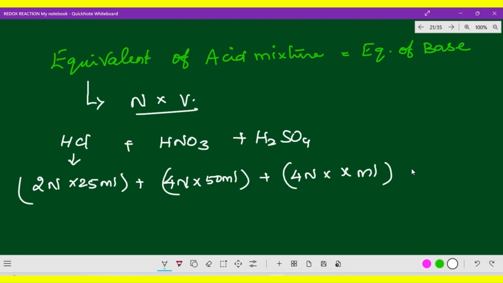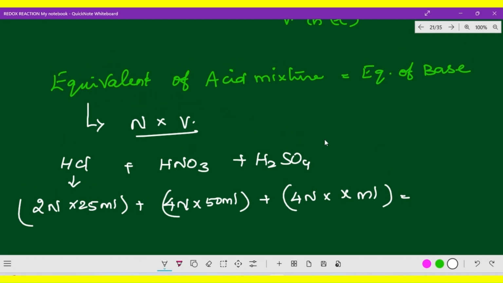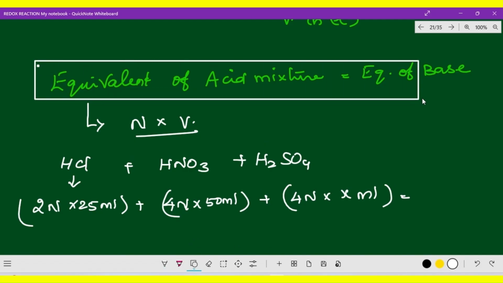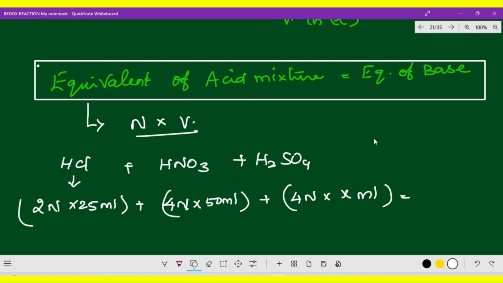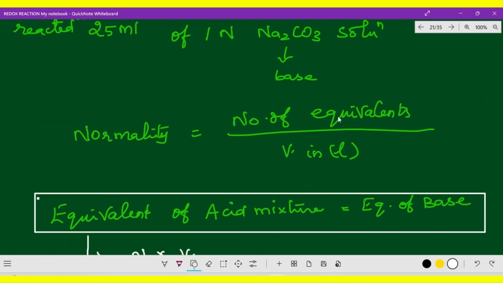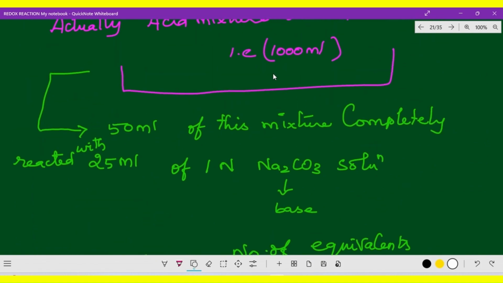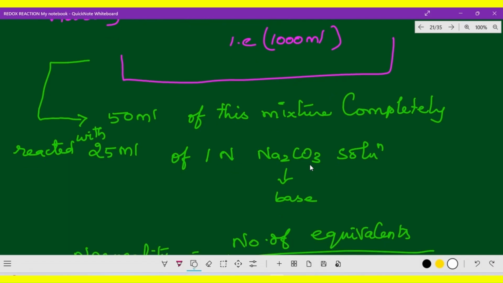This is equal to the point we have to identify: equivalent of acid mixture is equal to equivalent of base. How much it is, they did not mention, but they mentioned 25 ml. So 50 ml of this mixture is completely reacted with 25 ml of 1N Na2CO3.